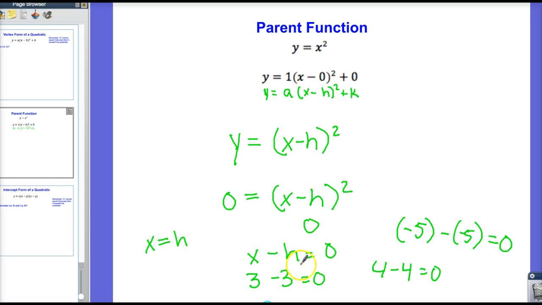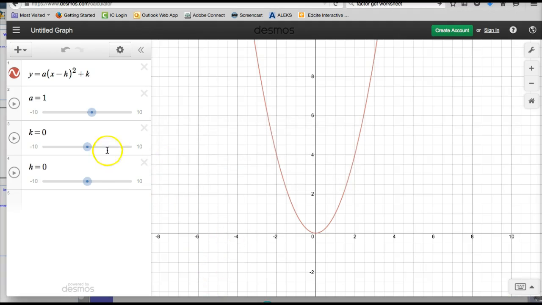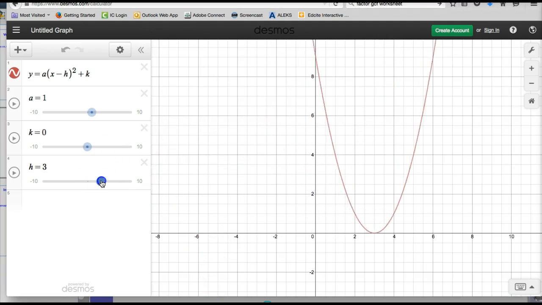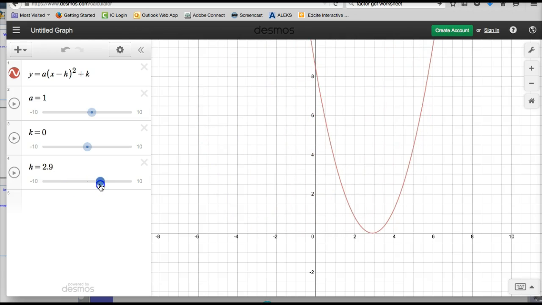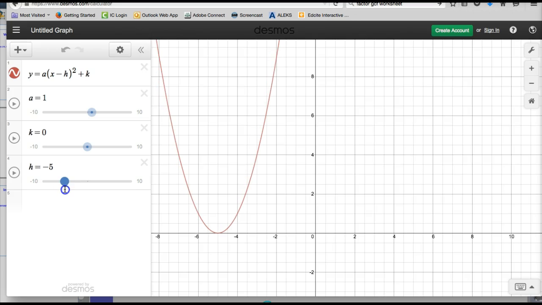Anything subtracted by itself is going to be 0. So that means x has to equal h. And we can see that. Whatever I make h is what x is going to be. It follows it along. I can do my 3 examples there: 3 equals 3, 4 equals 4, negative 5 equals negative 5. Wherever you go with h, since y has to equal 0, then that's what x has to be.